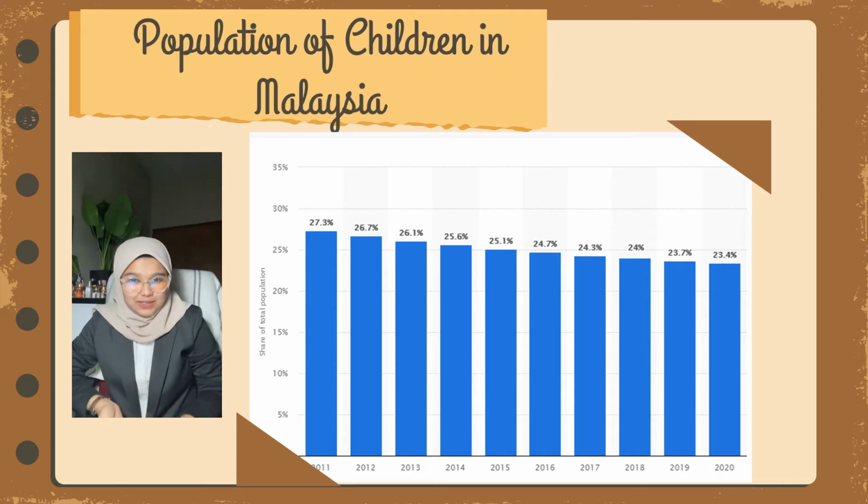In 2016, the graph was still falling and left 2016 at 24.7%. Almost steady, but it goes down to 24.3% in 2017 and plummets to 24%. The population had a fall the next year to 23.7% and dropped to 23.4% in 2020.